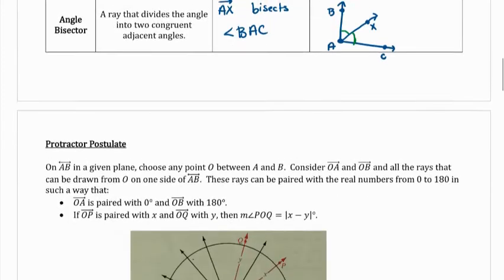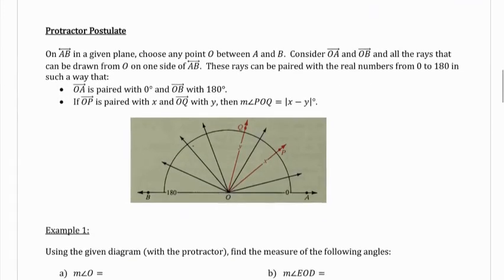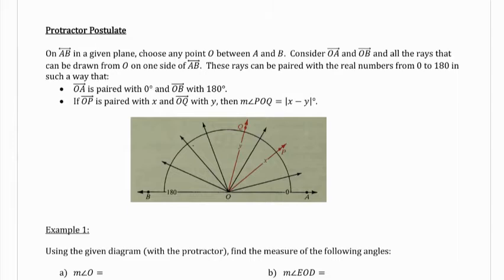So after our segment definitions, we talked about a ruler postulate and measuring segments. And with our angles, we get something very similar that's called a protractor postulate. It's basically the exact same thing. It's saying that if I have a protractor, I can put it down on my paper and find any 2 points and subtract and do the absolute value, and that would give me the measure of the angle.